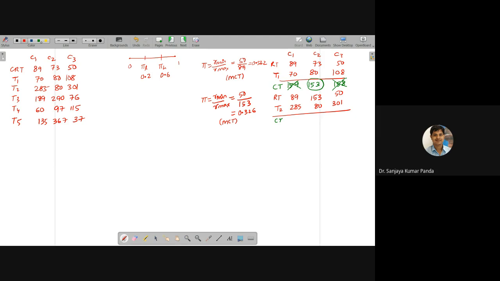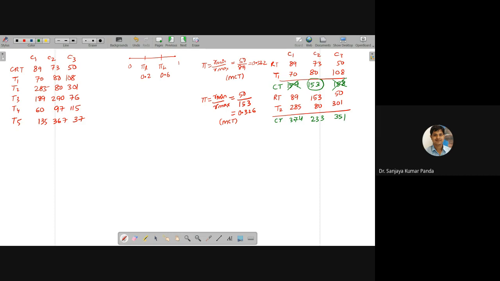So I need to calculate the completion time in the case of MCT. So 89 plus 285, how much will you get? I think you will get 374. Here you will get 233. Here you will get 351.